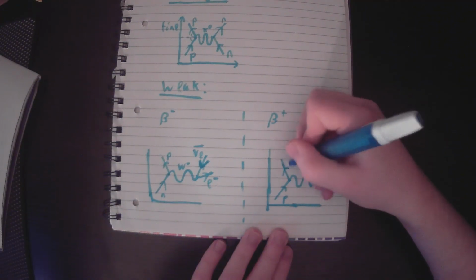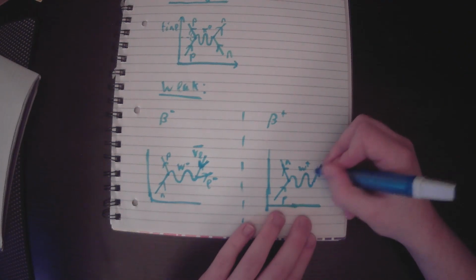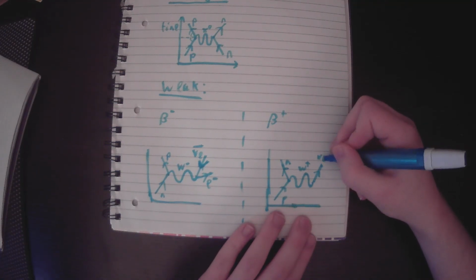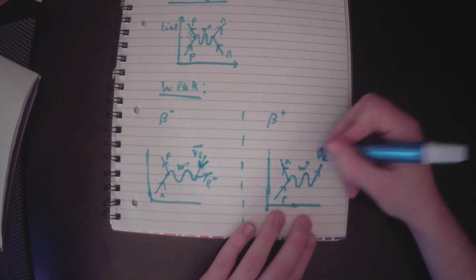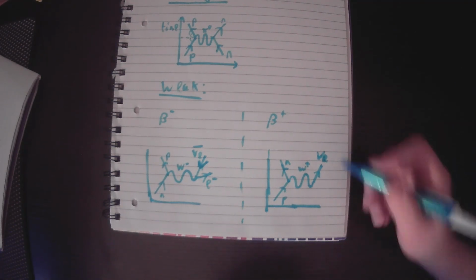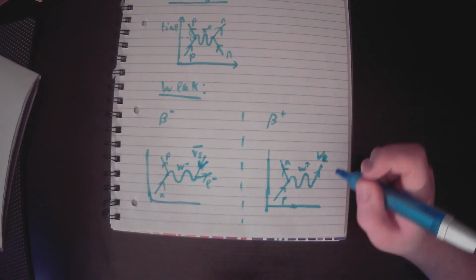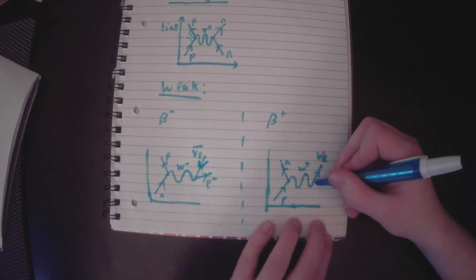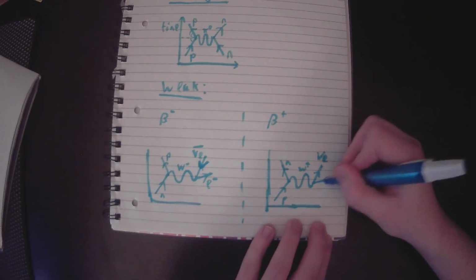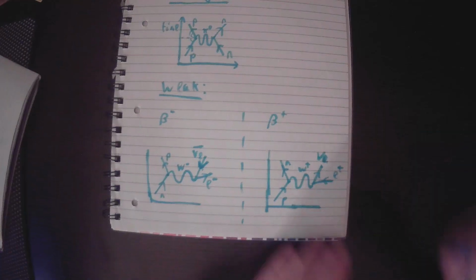It will decay into a neutron traveling that direction, an electron neutrino. Sorry, that's very unclear, but that says ve, electron neutrino. And that's not the opposite way around because it's a normal particle, but this is the opposite way around because it's a positron that's formed.